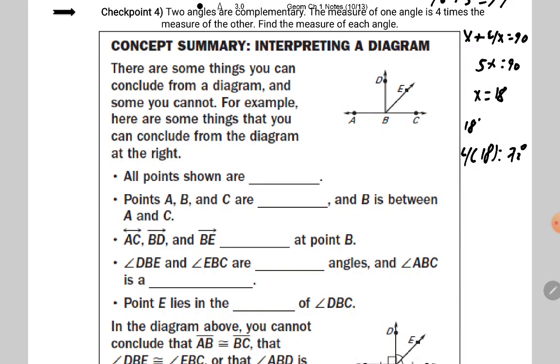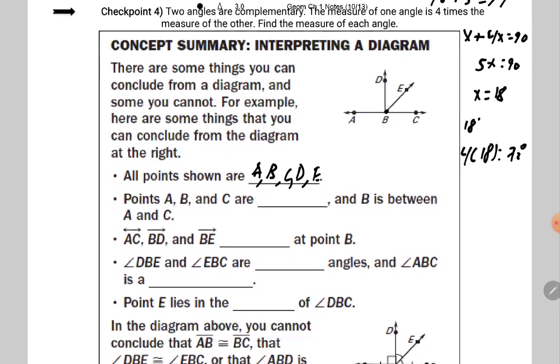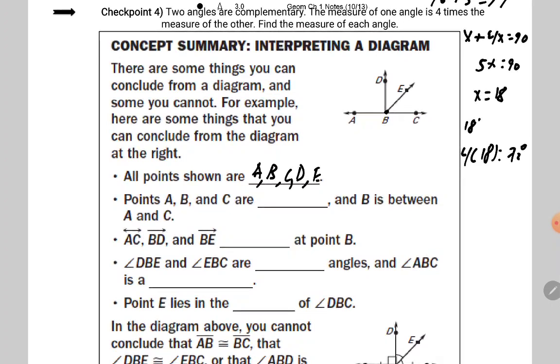So A, B, C, D, and E. And even though B doesn't have a point, you can assume that's the intersection there. So A, B, and C are collinear, so you can assume things are on the same line if it looks that way. And B is between A and C. So these are things that you can assume.